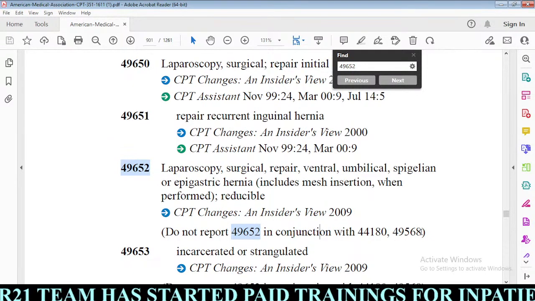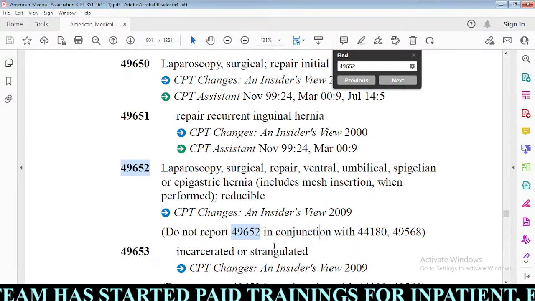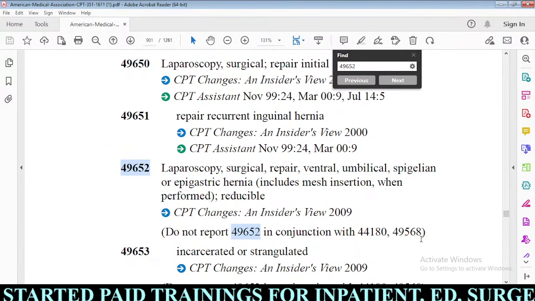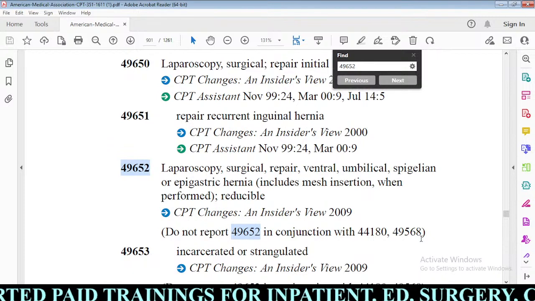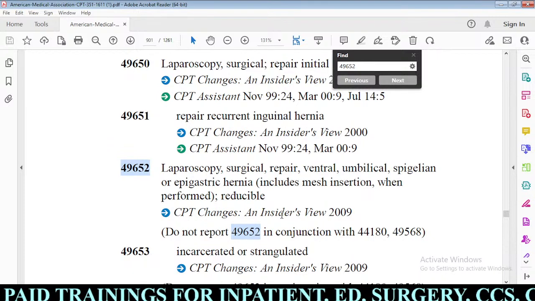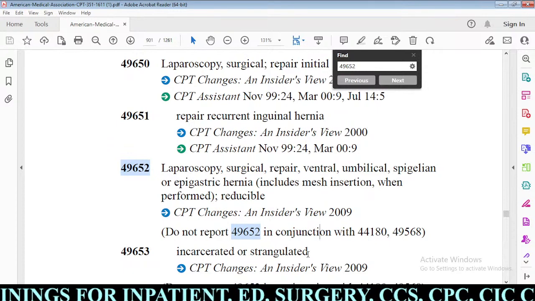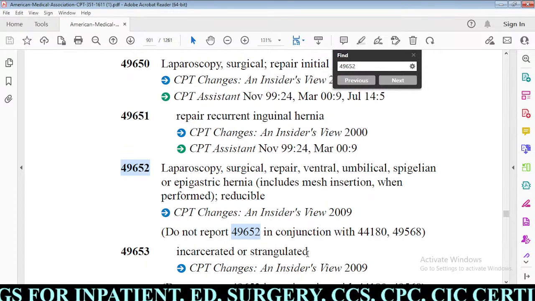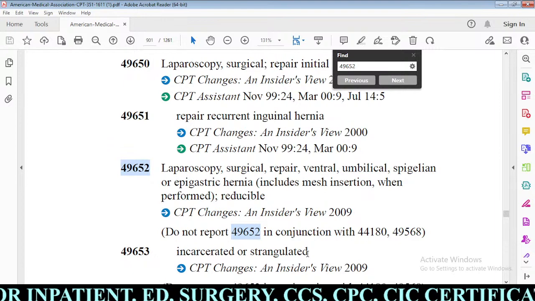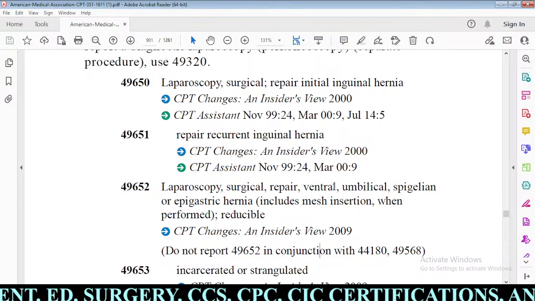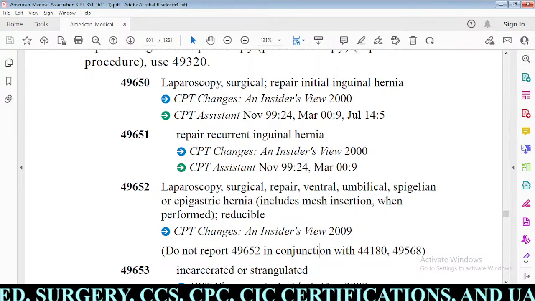But if you check option D, 49652 along with 49568, both are wrong. So C is also wrong. Why? Because C is for incarcerated or strangulated. So because of that reason our answer is 49652. If the physician did not mention any type of hernia, by default we need to think that it is a reducible hernia.